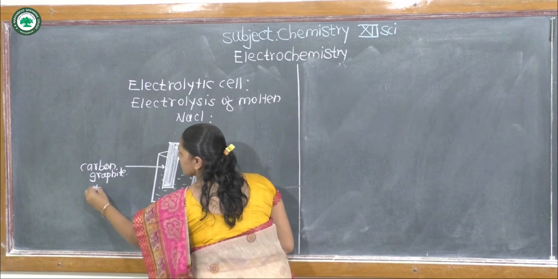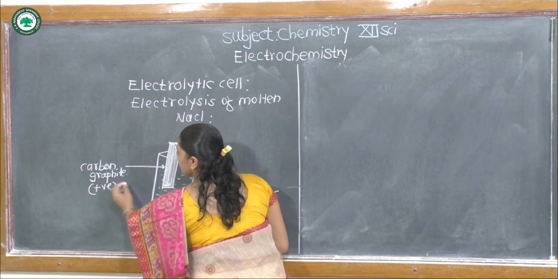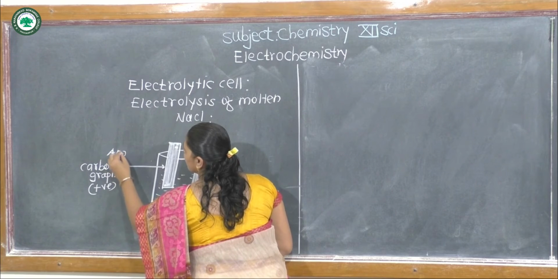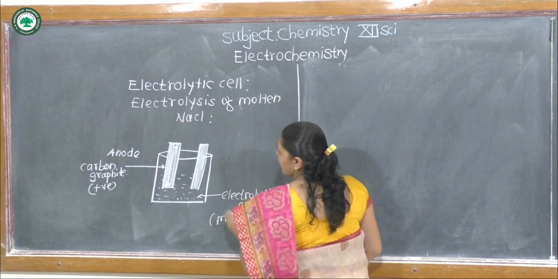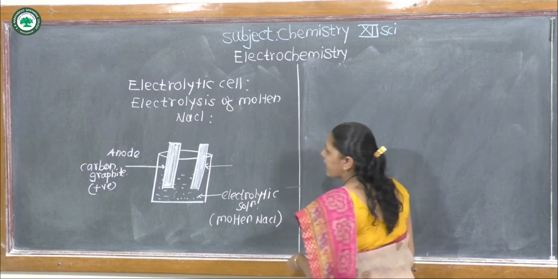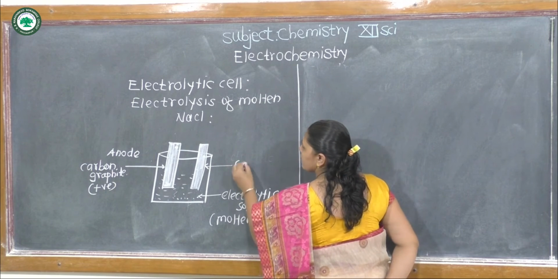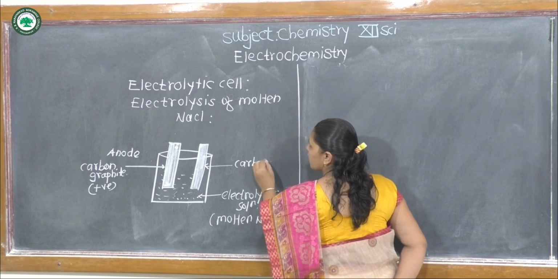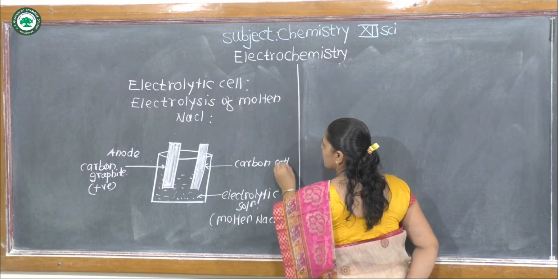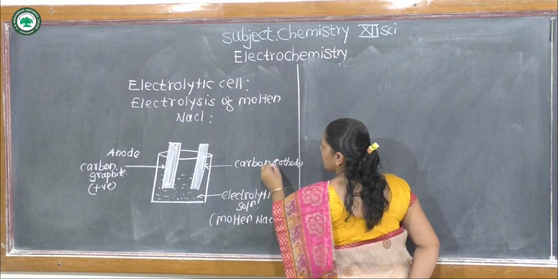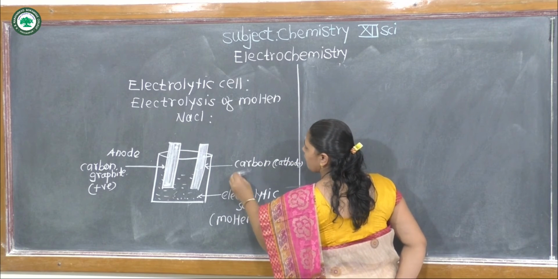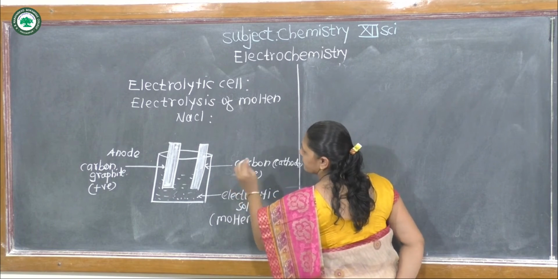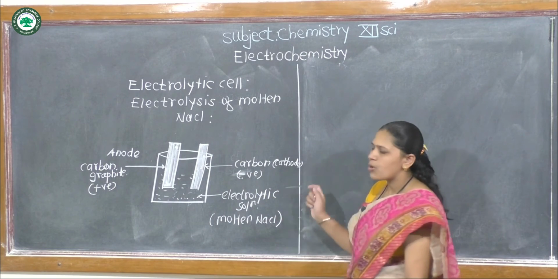This is the positive electrode, that is the anode, and the right hand electrode is also carbon, the cathode. It is negative, and acts as a cathode.